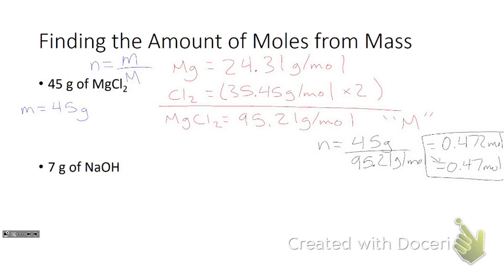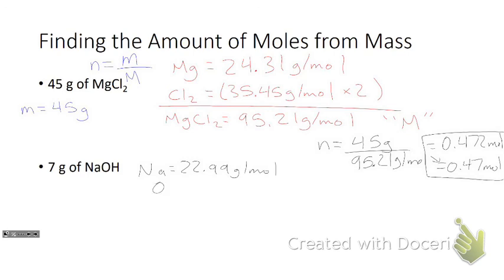Okay, good. Last one we're going to do together here. So let's calculate the molar mass of sodium hydroxide. So Na is 22.99 grams per mole.